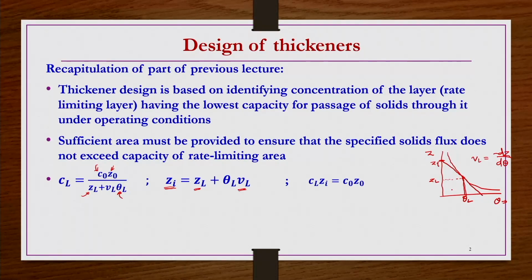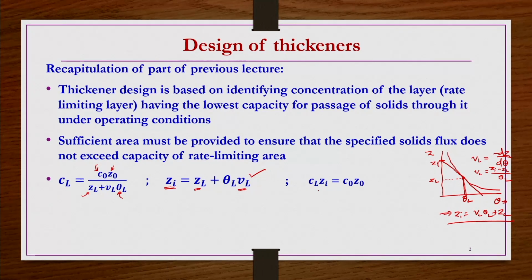So, we can find it from ZI minus ZL, and then this time theta L. So, ZI is equal to VL theta L plus ZL, and that information is coming from the slope at this point, okay. ZI is the intercept at theta L, and VL is nothing but the slope of the tangent at theta L, okay.